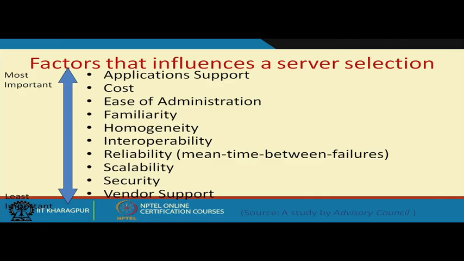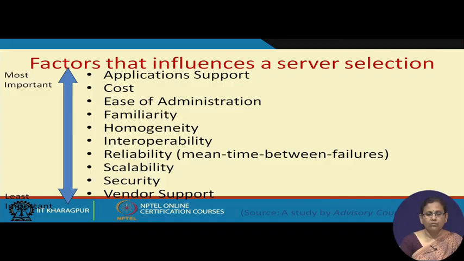Then when you buy a server, many factors are responsible for this. We have arranged them from most important to least important. First thing is that it should support the application that your company requires. Second important element is the cost. Third is the ease of administration. Fourth one is familiarity with a similar range of systems.